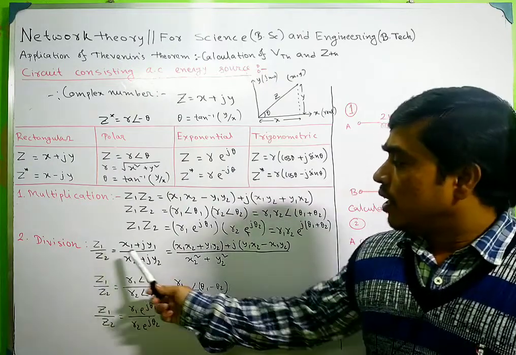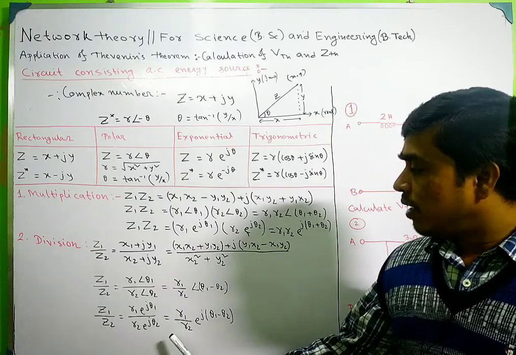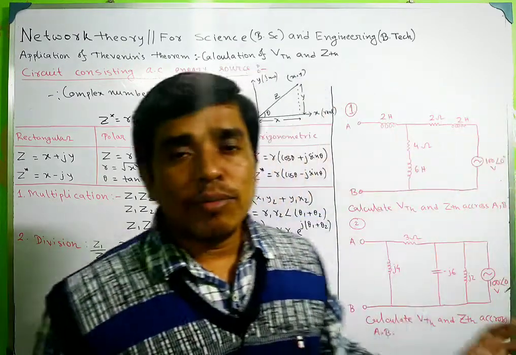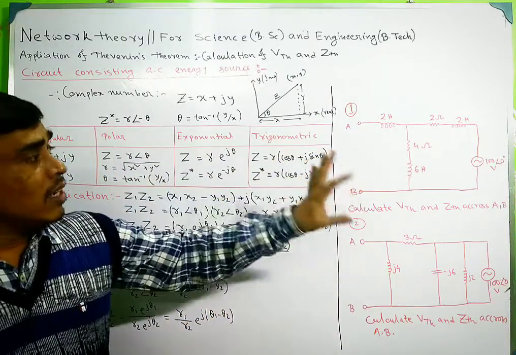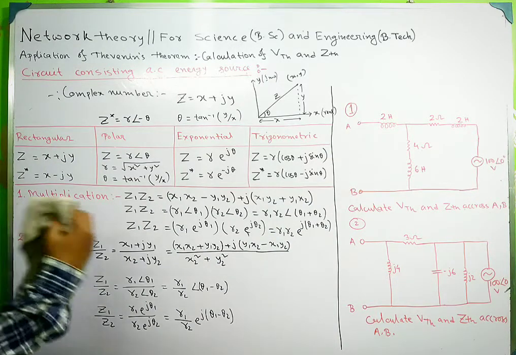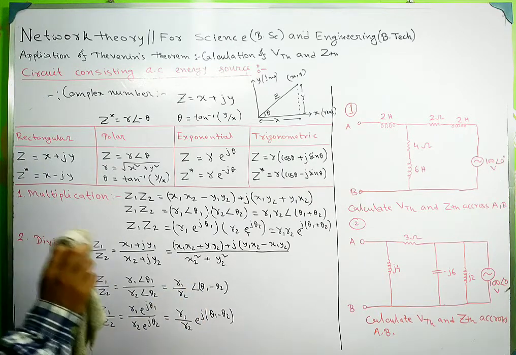Suppose this is the rectangular form division, this is the polar form division, and this is the exponential form division. This is very important to calculate the Thevenin impedance for a circuit which consists of several resistors, inductors and capacitors as well as an AC energy source.